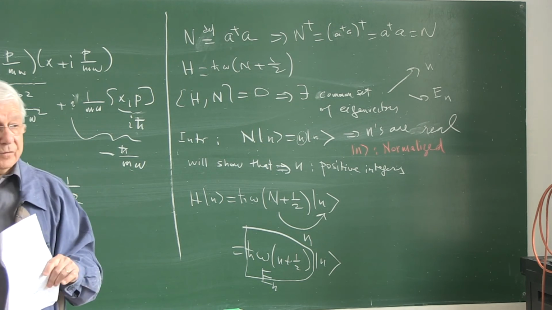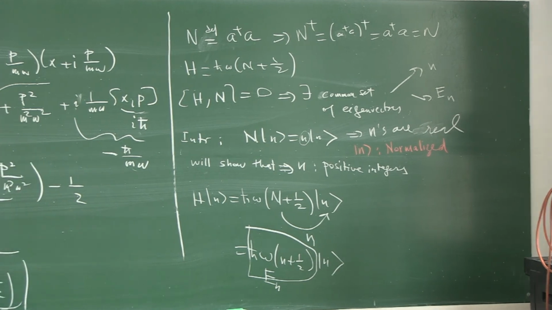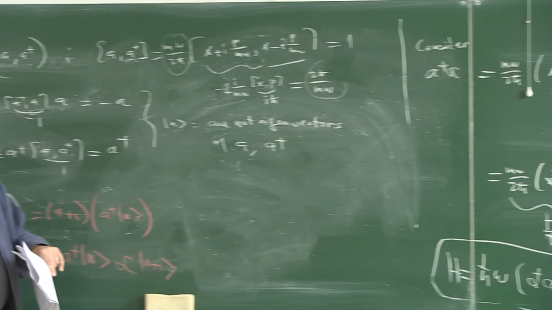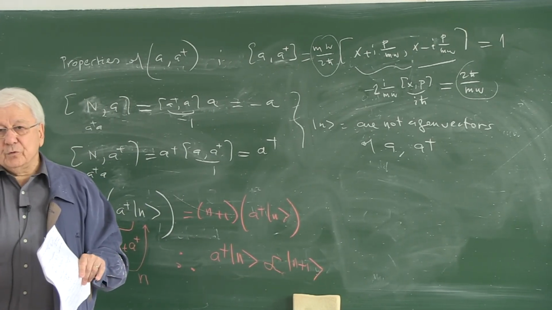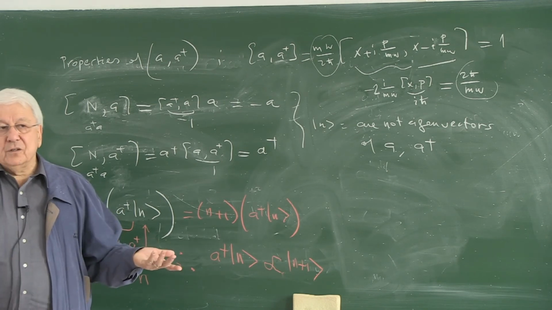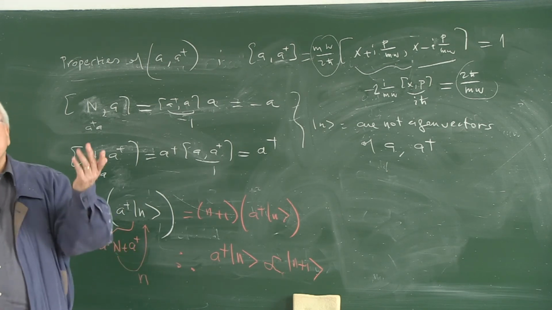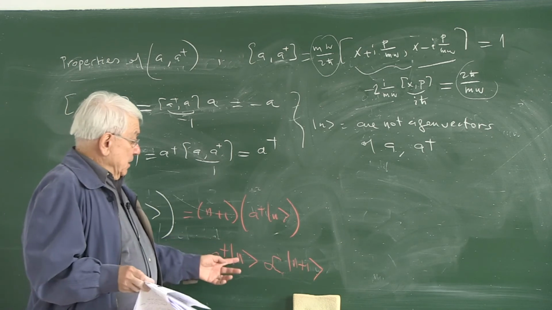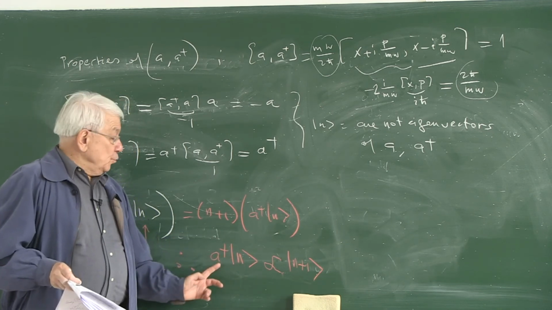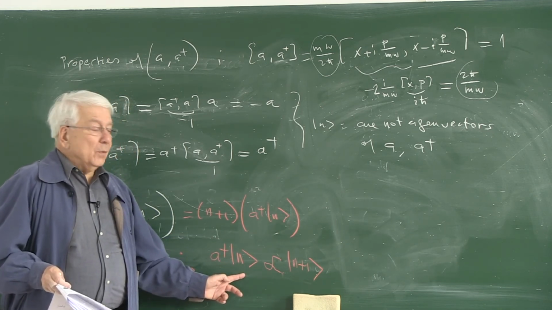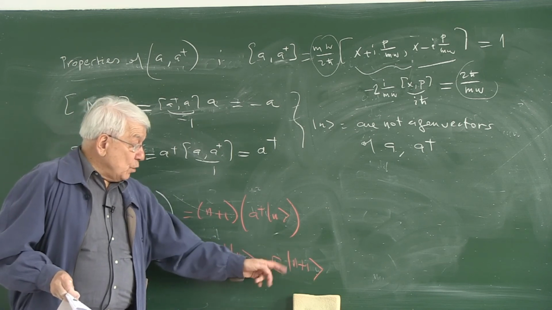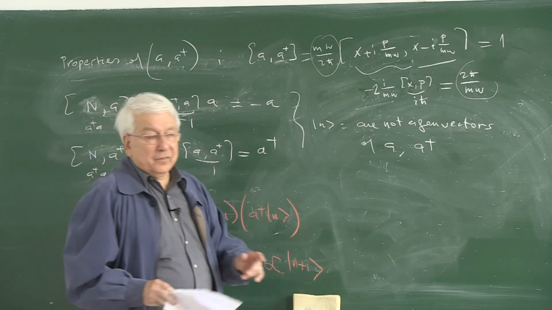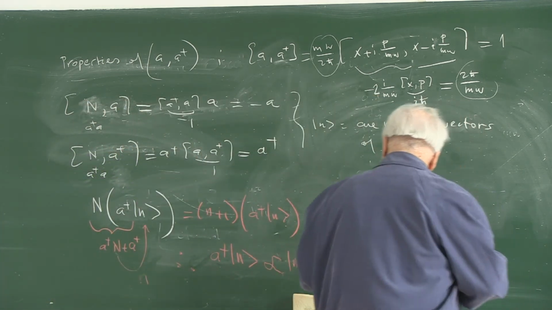That's an important fact. But you don't know whether the action of a dagger on n preserves the normalization. It doesn't. Because in order to preserve the normalization, it must be a unitary operator. It's not a unitary operator. It's not even Hermitian. Therefore, if this is originally normalized, you act on it by that, it doesn't stay normalized. So it's only proportional to this state. In order to write an equality, I put a constant, C plus, for instance.